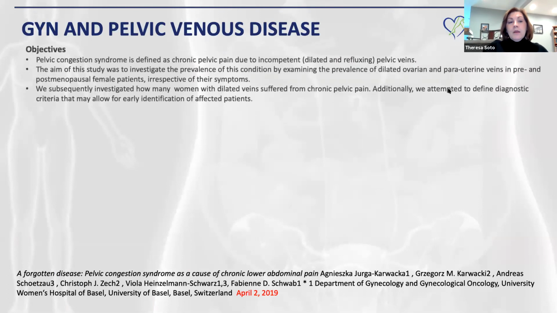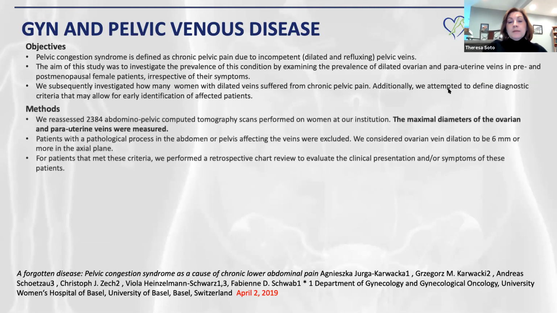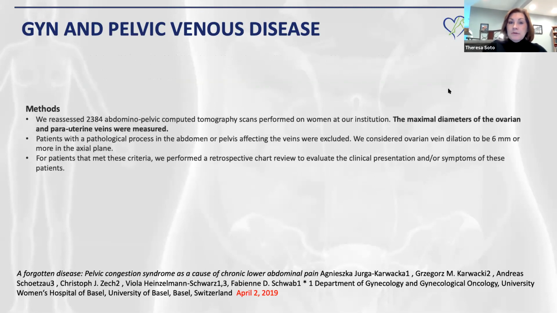So this little study was done in Switzerland, 2019. They looked at CT scans that were done in women who were brought in for chronic pelvic pain. What they looked at was 2,384 pelvic and abdominal CT scans to see if they could identify dilated ovarian and parauterine vessels.